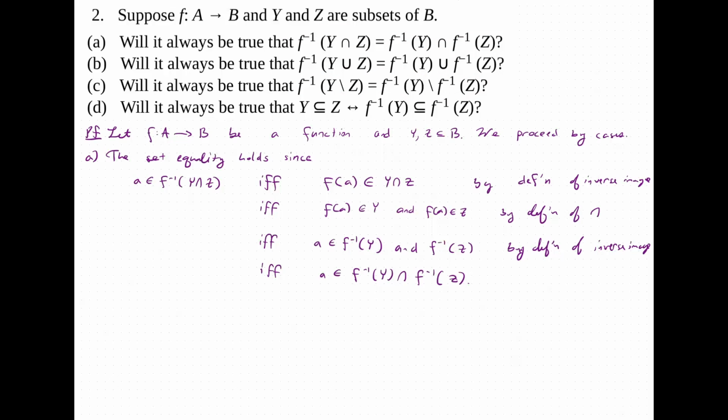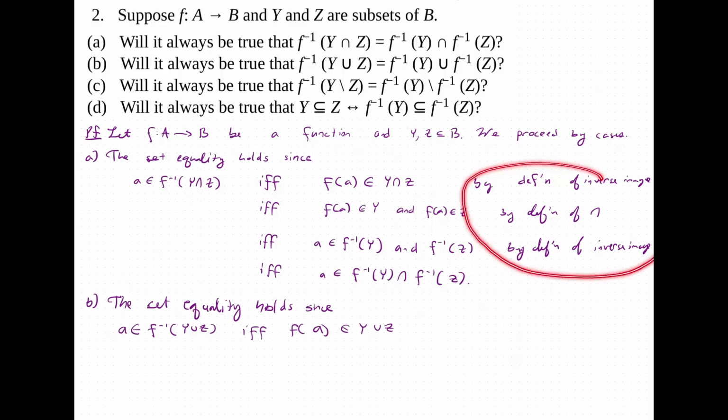Now for part B, the set equality holds since, once again, we have A is in the inverse image of y union z if and only if f of A is in y union z. I'm going to omit the reasoning, but this is again by definition of inverse image.